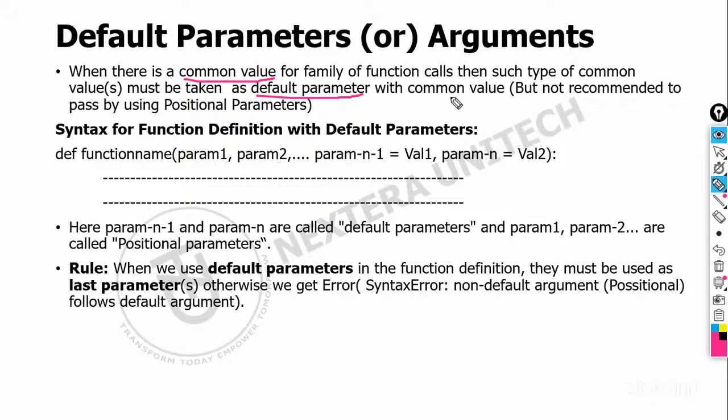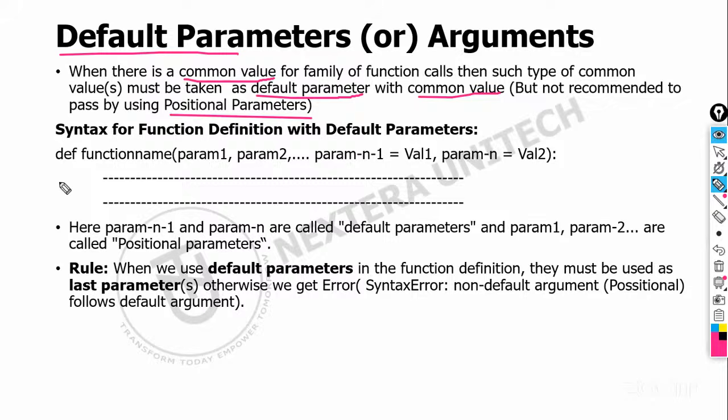With the common value, if you want to pass the same value for a parameter, irrespective of the number of times the function is called, such kind of parameters are nothing but default parameters or arguments. They are not recommended to be passed by using positional parameters.